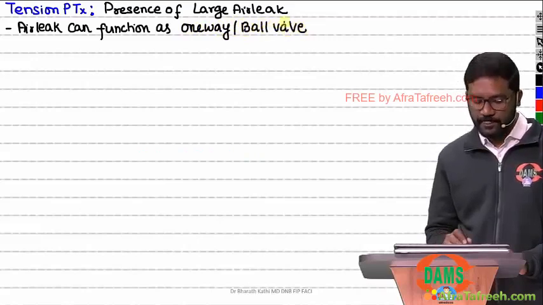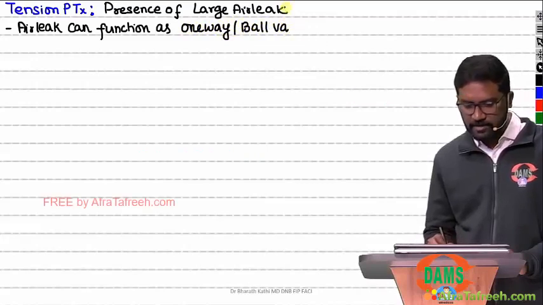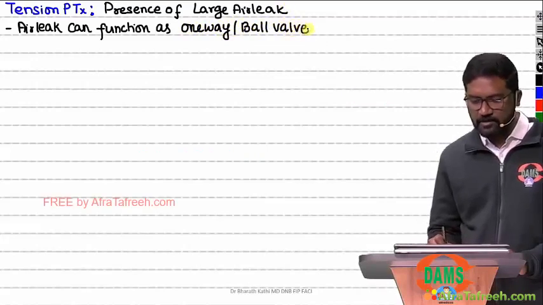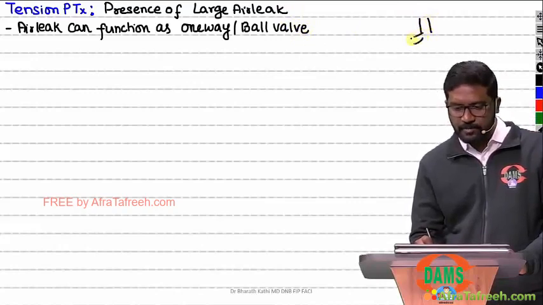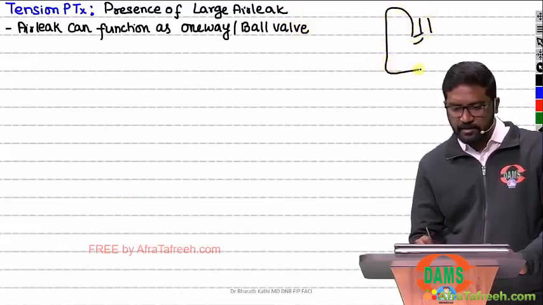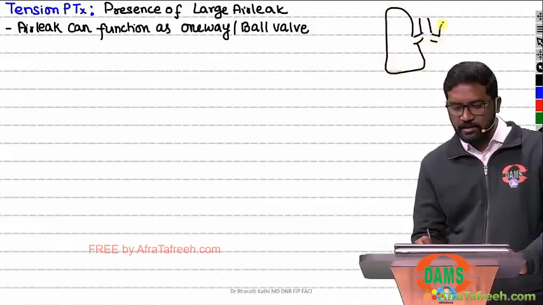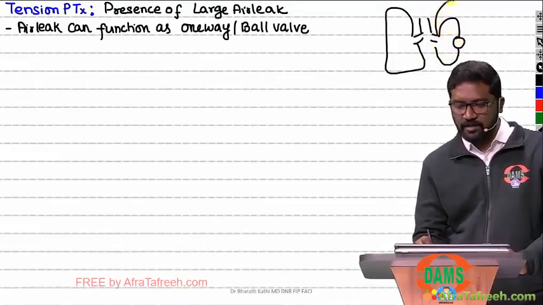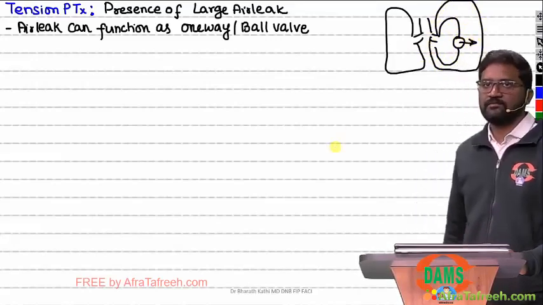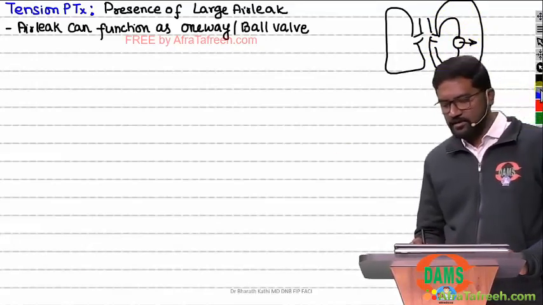Let us see what is happening in tension pneumothorax. So consider this is your healthy lung, and let this be the diseased lung. Now because of this disease, air is continuously leaking into the pleural space, resulting in pneumothorax.